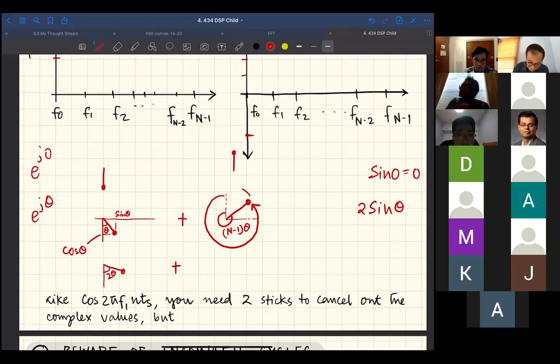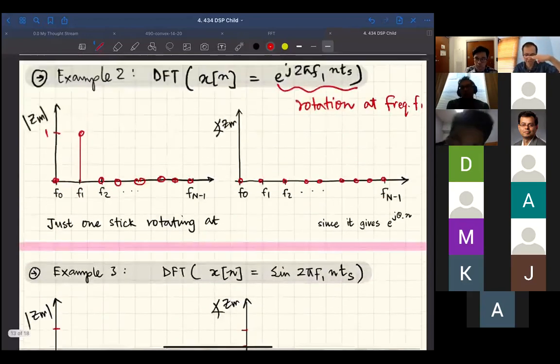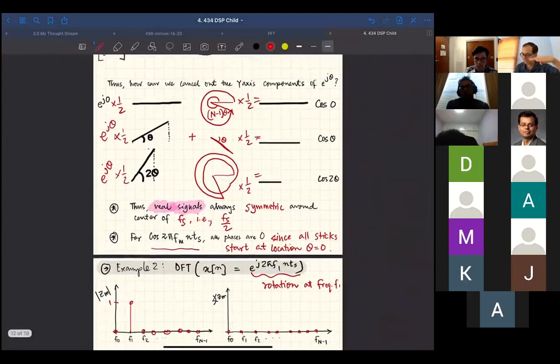Oh, wait, so the left one is starting on the bottom and the right one is starting on the top? Right, correct. The left one is starting facing bottom, the right one is starting facing top. The left one goes like that, the right one does an n-1 theta turn. But this wasn't the case for cosine, was it? No, it was not. For cosine, they all started at the same horizontal position. That's fine.